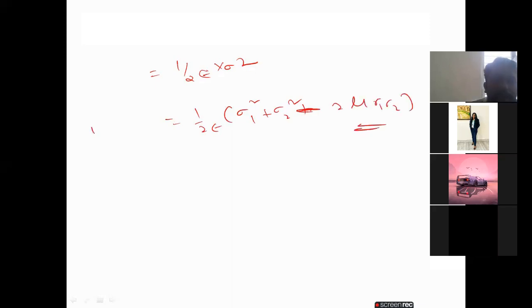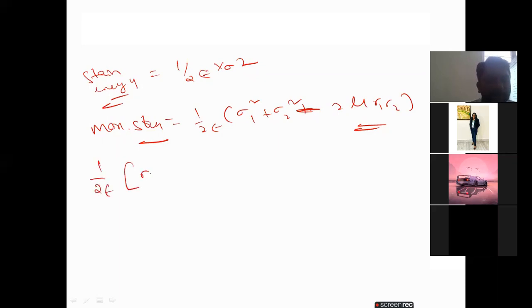This is the maximum strain energy. I explained already as per the strain energy theory. Now equating these two equations, 1 by 2E into sigma 1 square plus sigma 2 square minus 2 mu into sigma 1 sigma 2 equal to 1 by 2E into sigma square.